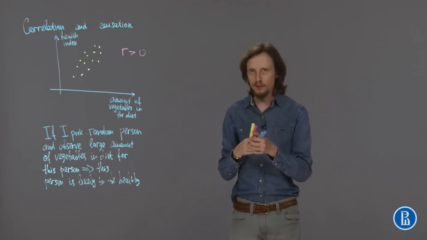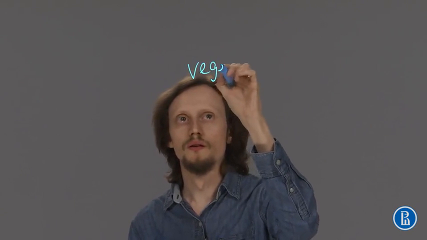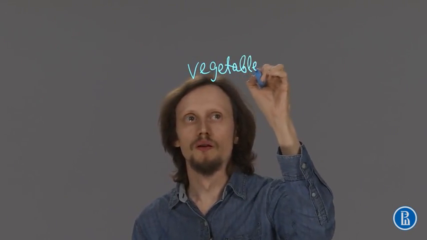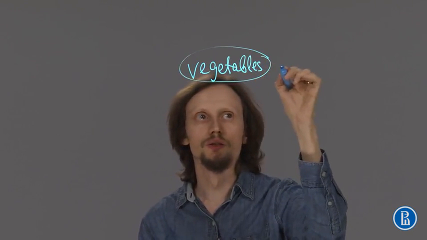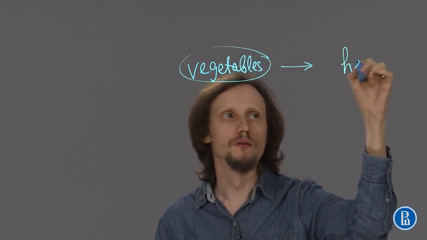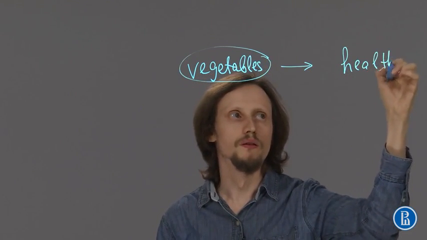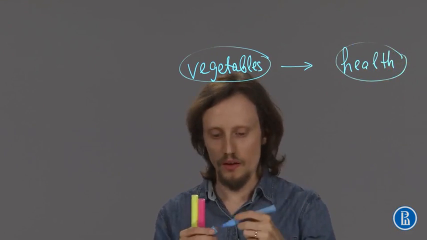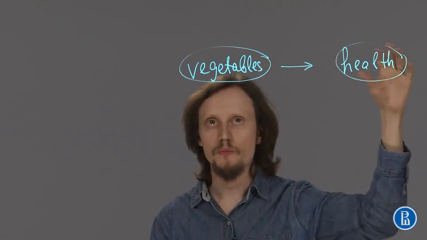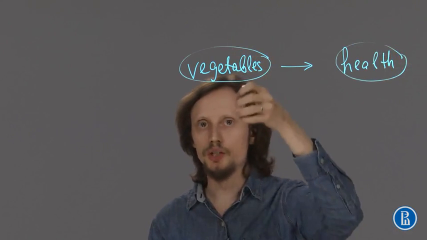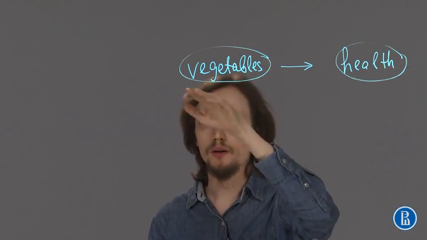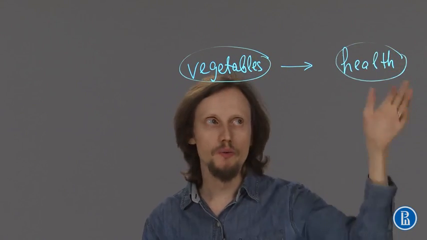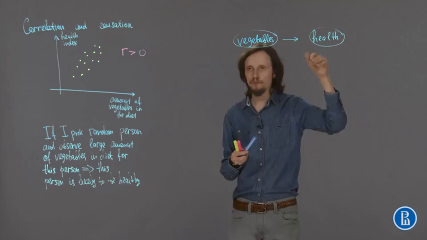So, in this case, we can say that vegetables act on health in a causal way. It means that if I will change my vegetable consumption, I will change my health.